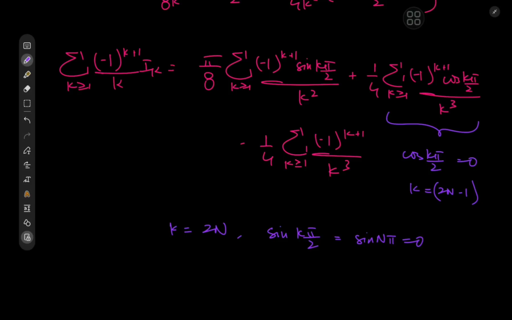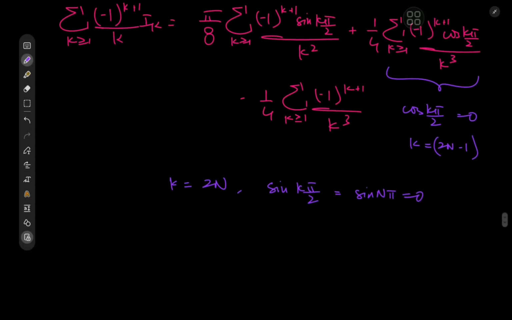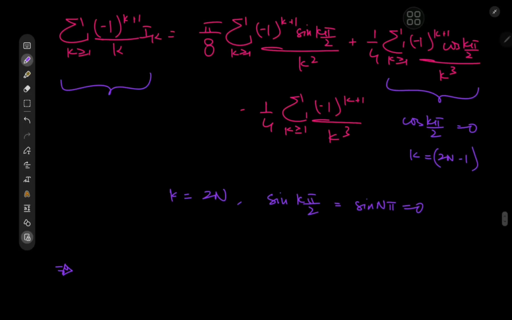Okay, cool. So let's discard all of those terms. And this implies that this thing here, which I'm going to call S for some reason, equals pi by 8 times the sum over the positive integers n of negative 1 to the k plus 1, which turns into 2n minus 1 plus 1. Cancellation. So you have negative 1 to the 2n, which is of course equal to 1.